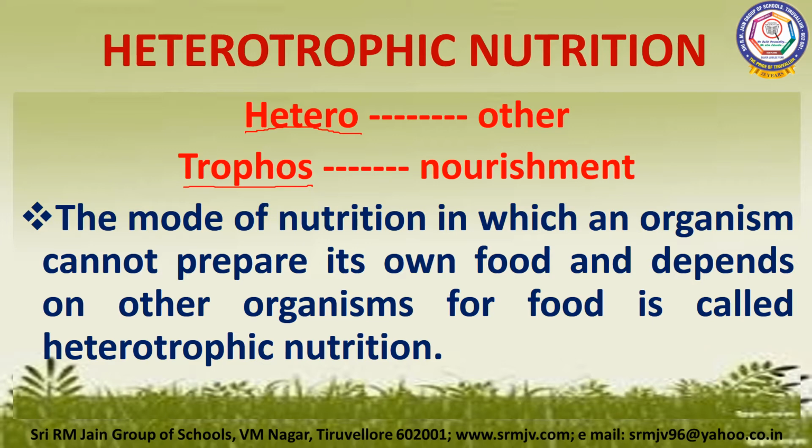Here is the definition for heterotrophic nutrition. The mode of nutrition in which an organism cannot prepare its own food and depends on other organisms for food is called heterotrophic nutrition.